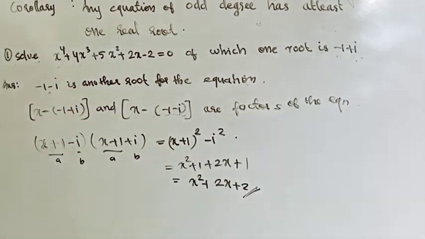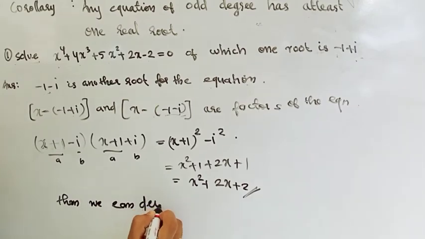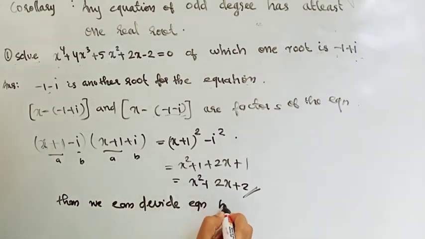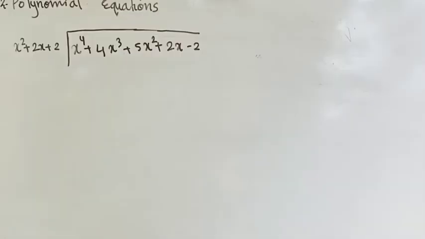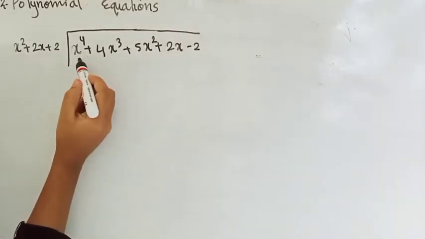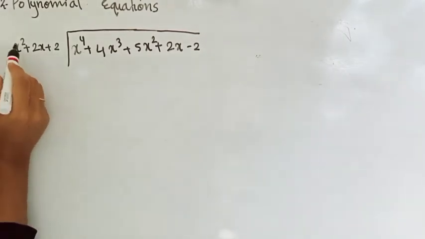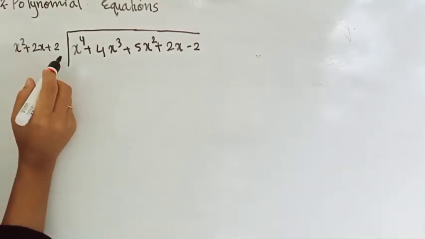Okay, then we can divide the equation by x square plus 2x plus 2. Let me show you how the division is. Here the f of x is written inside, and we have to divide by the factor, that is x square plus 2x plus 2.